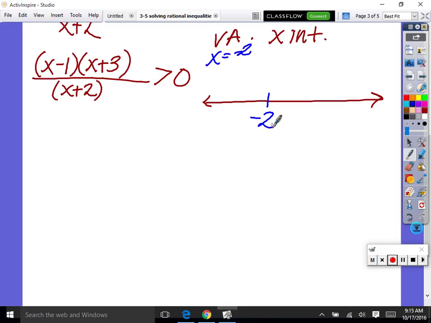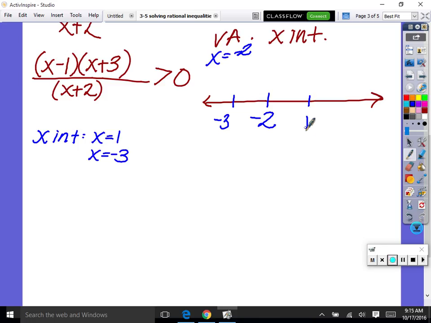And then we're going to find our zeros. Isn't that when the top equals 0, guys? Because when we multiply up, won't that become 0, everybody? So won't our x-intercepts be x equals 1 and x equals negative 3? Everybody good? So we're also testing negative 3, and we're testing positive 1.